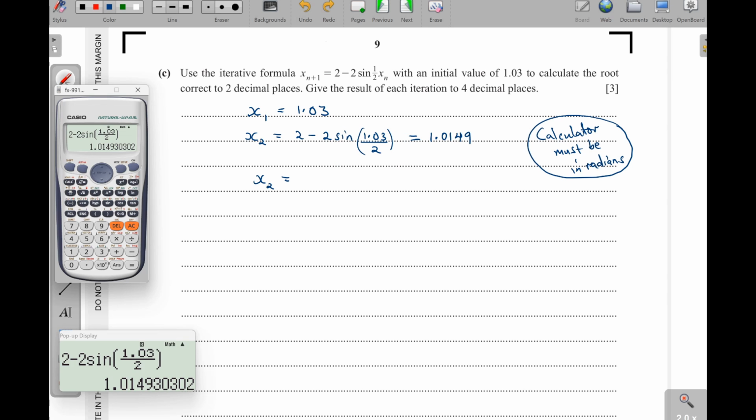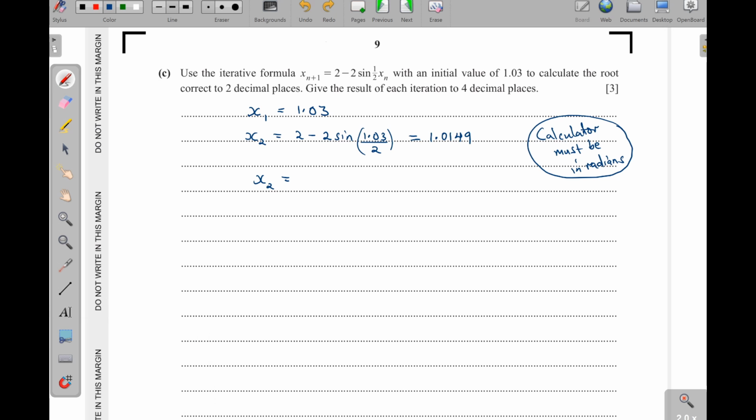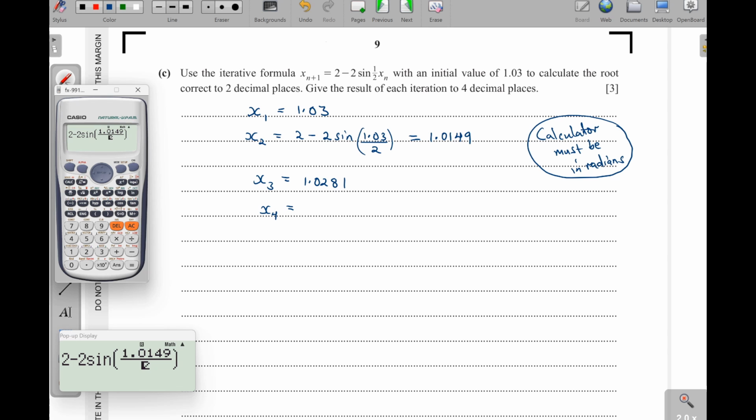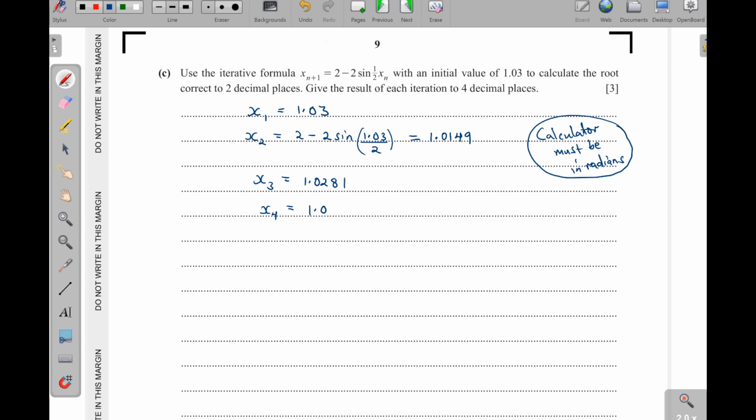Then x3, I don't need to show the examiner this again, so just substitute, so long as you show the first one. So I'll just come here and put 1.0149. That will be 1.0281. Then the next one, I just put 1.0281, so 1.0166.